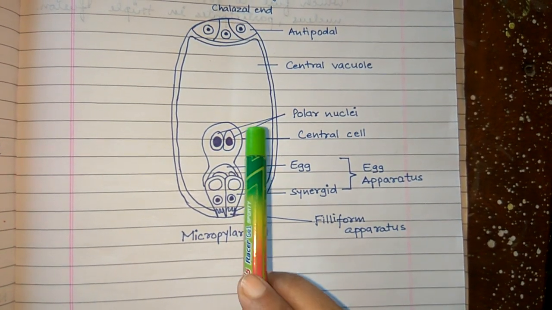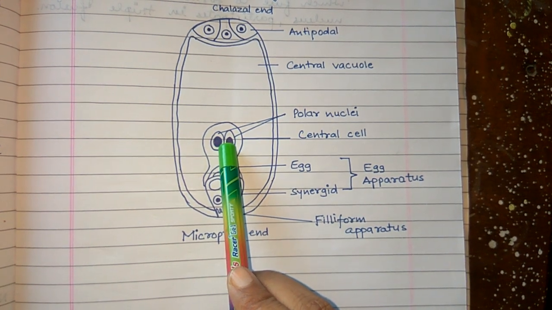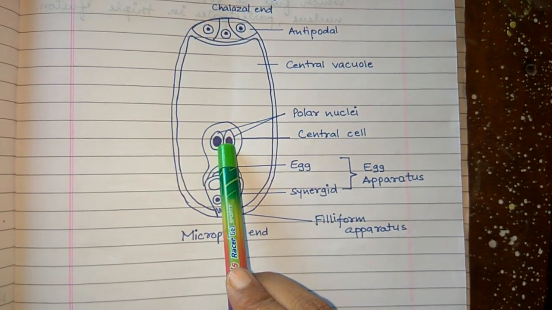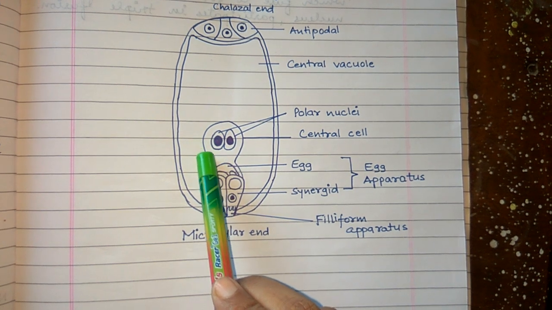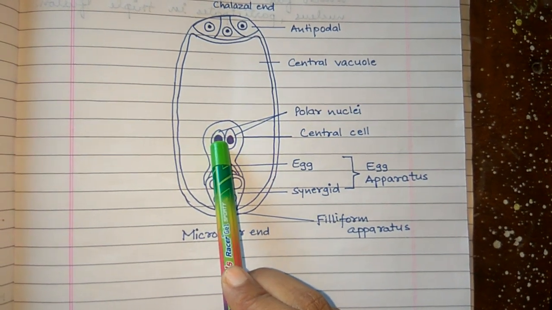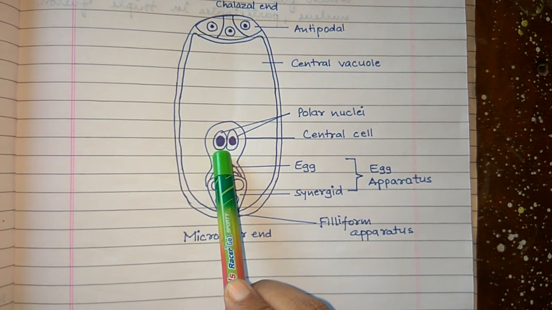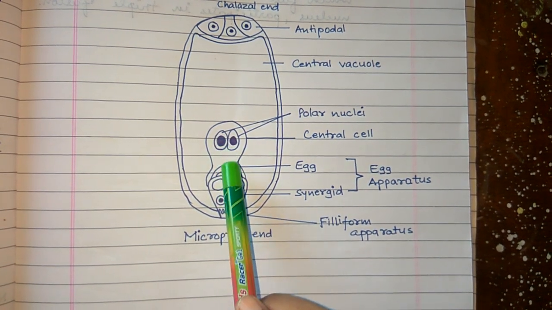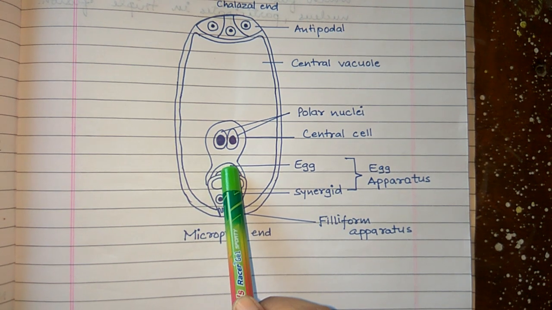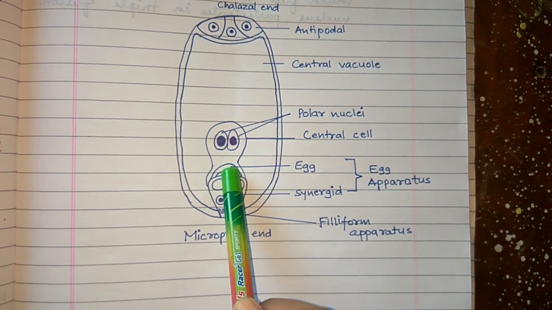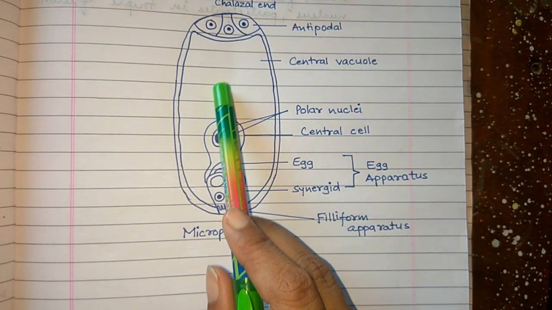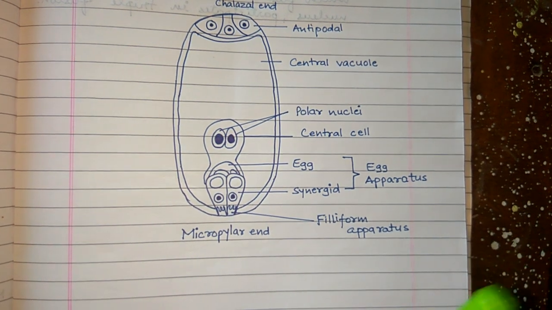Okay, now central cell. Central cell lies in the center of the embryo sac. It is the largest cell of the embryo sac, and remains connected to the egg, synergids and antipodals by plasmodesmatal connection.